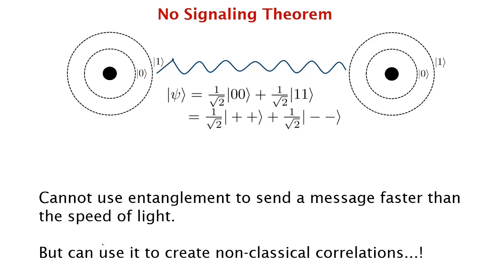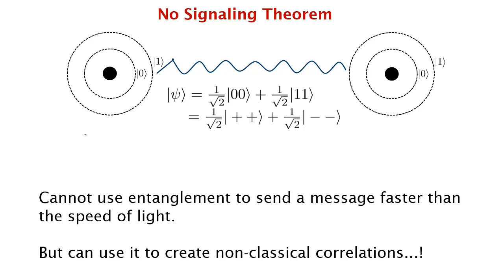One thing that we should be very clear about with respect to entanglement is that, even though it seems at first sight as though you could use entanglement to instantaneously transmit messages from one party to another. So, going back to our example, suppose we had a qubit entangled with another one in a Bell state, and suppose this first qubit was sitting on Earth while the other one was put on a spaceship to Mars.